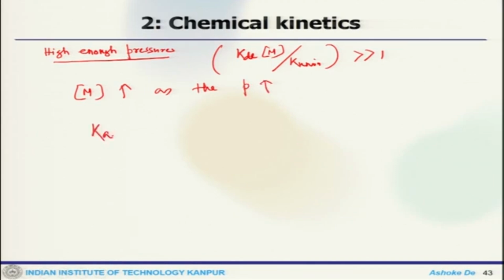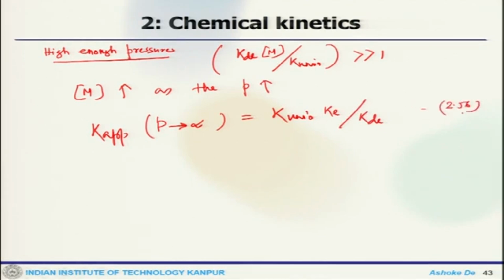So, what will happen? K APP when P tends to infinity, that is K unimolecular Ke by Kde, which is your equation number 2.56. Now, this is the situation where you have high enough pressure.